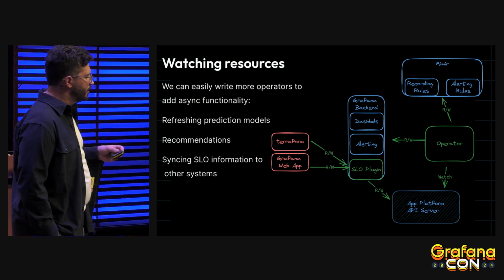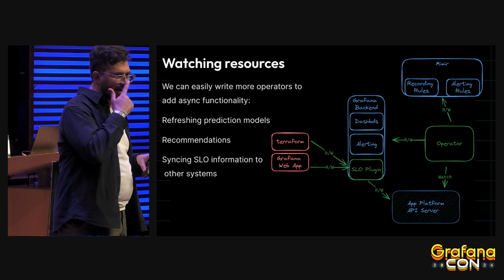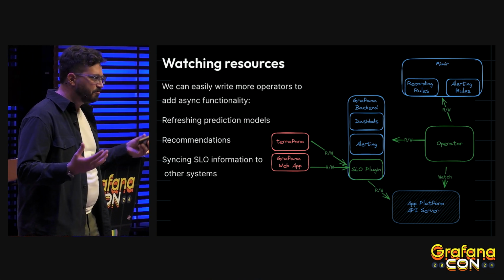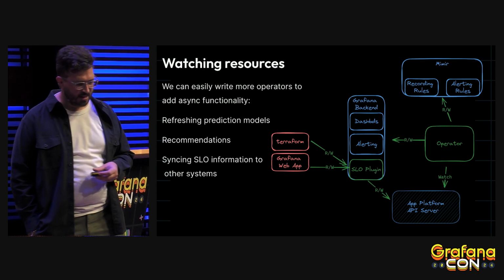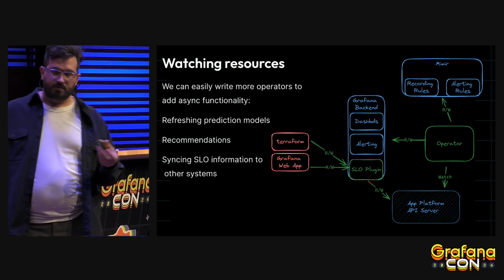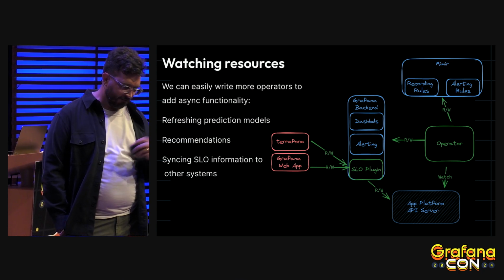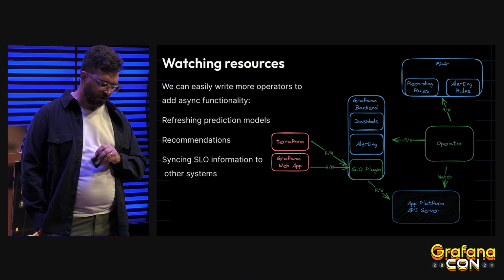I have some service definition in Backstage. People go around, look at the catalog, who owns what. It'd be great to have links to the SLOs in Backstage, right? So if I can write an operator that watches SLOs and syncs into that, that's another option. And there's no reason I have to bundle that into any particular place. I have a lot more control in terms of where I run code and what it learns.